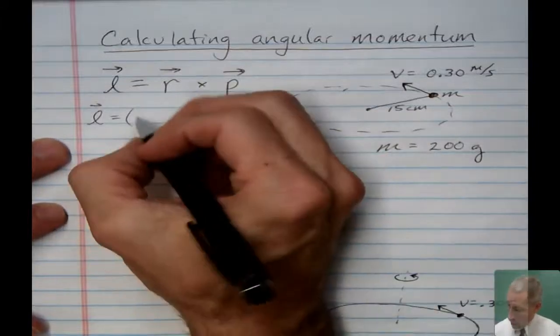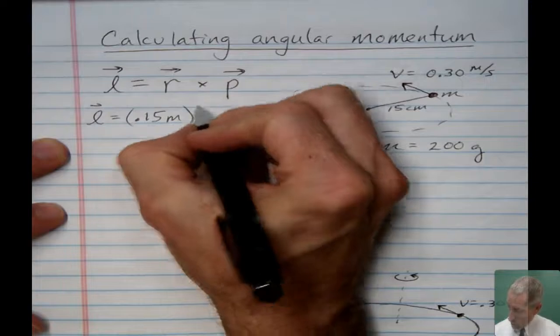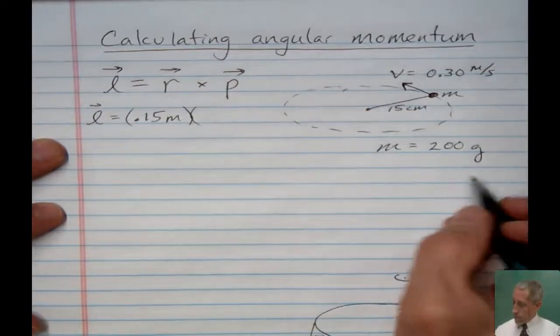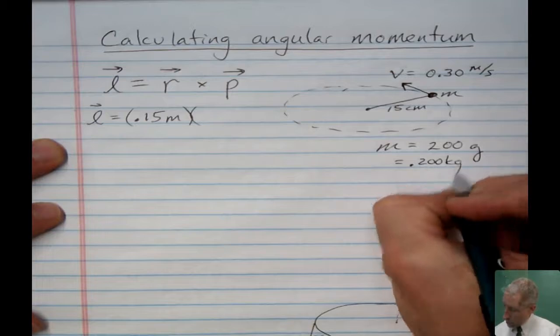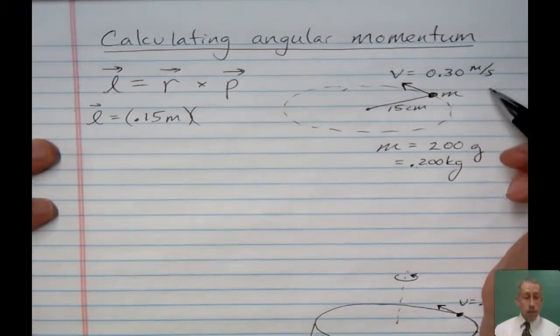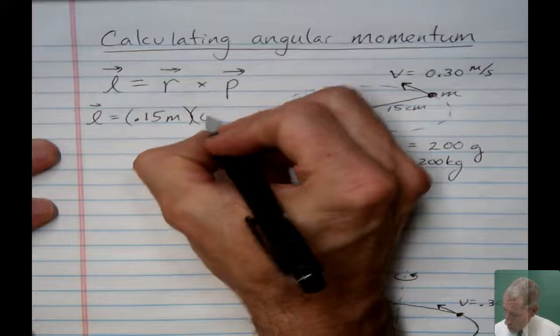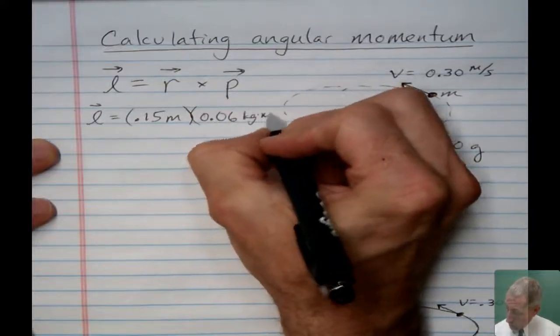Notice this is centimeters, so I would call it 0.15 meters. And then my mass, I'm going to call this 0.2 kilograms. That times a velocity of 0.3 meters per second is a nice 0.06 kilogram meters per second.